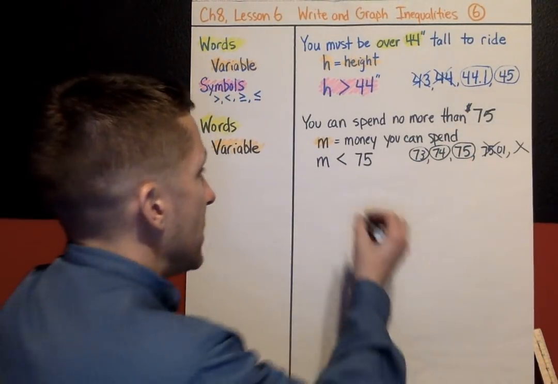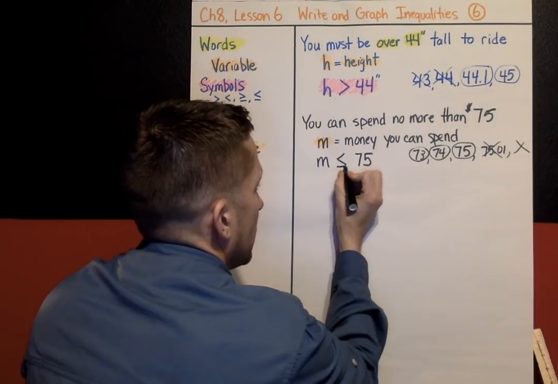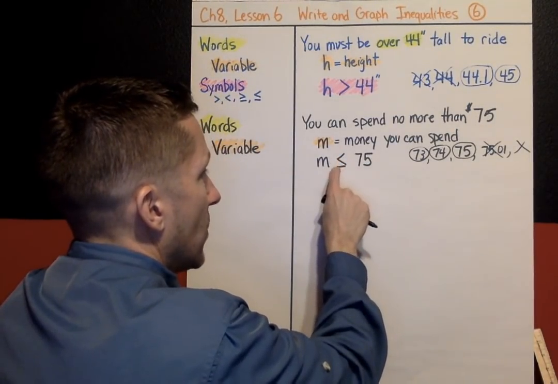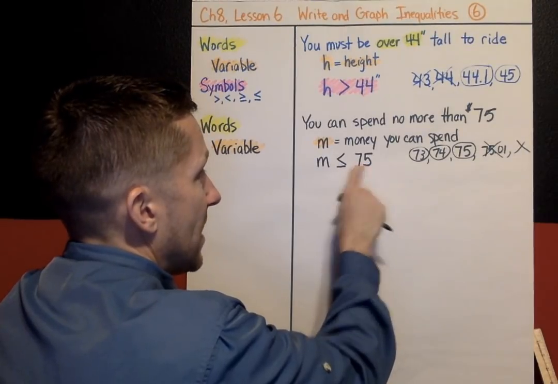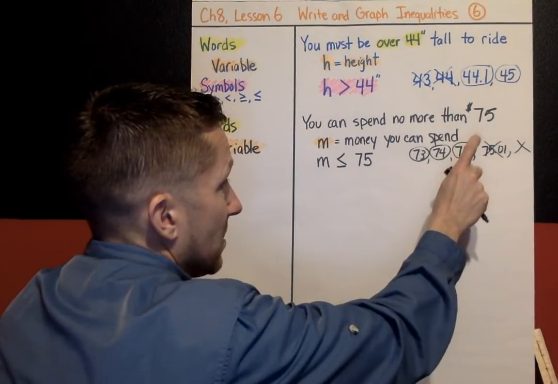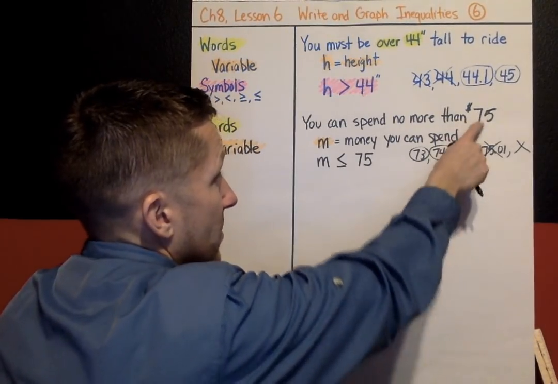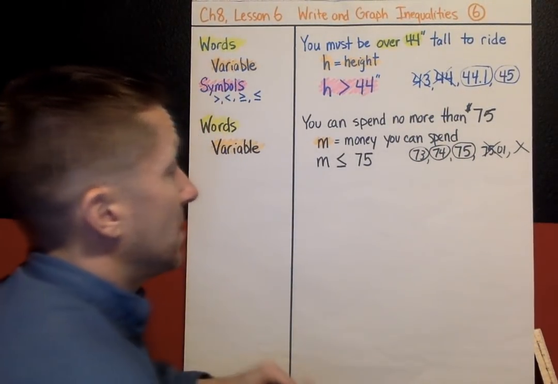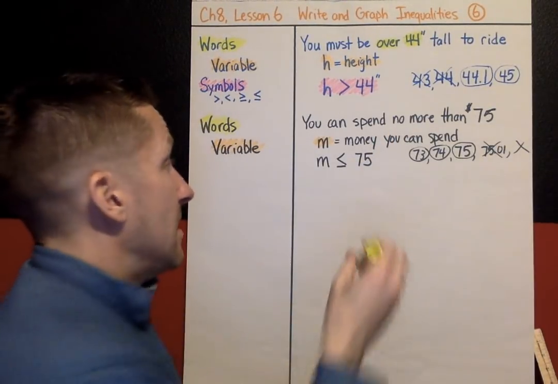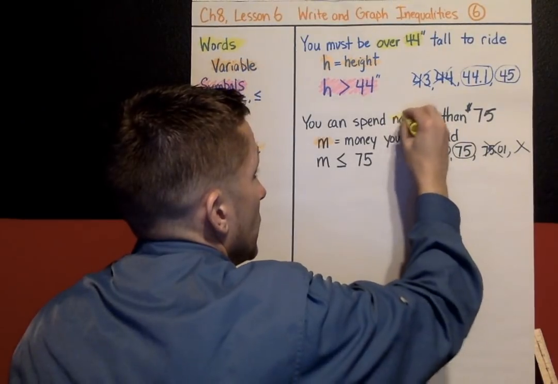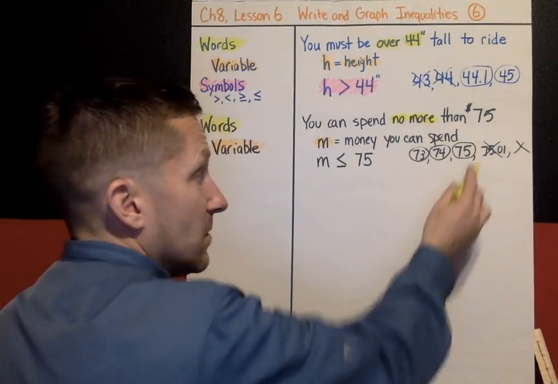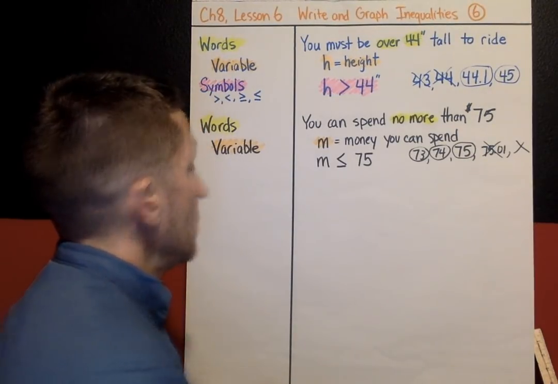So I'm going to adjust my inequality to this. The amount of money you can spend is less than or equal to 75. That part right there makes me include 75, and I do want to include 75 because of the words no more than 75. I just cannot go above. As soon as I get to 75.01, no good.